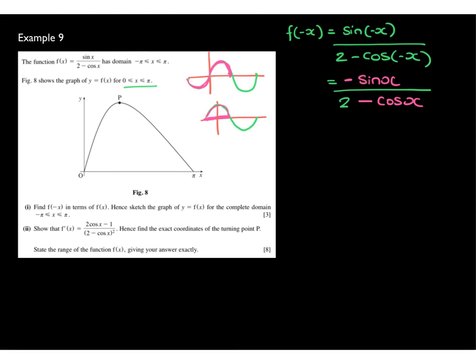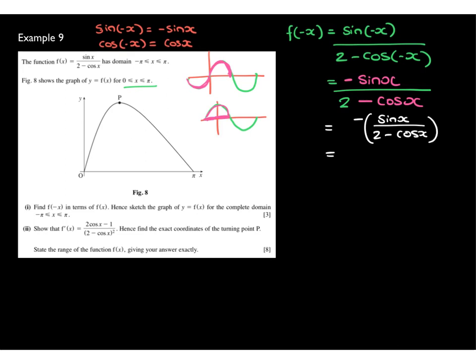So two useful pieces of information there. Sine of negative x is negative sine of x. Cos of negative x is simply cos x. So you can hopefully see that this result is simply the original function, but with a negative in front of it.